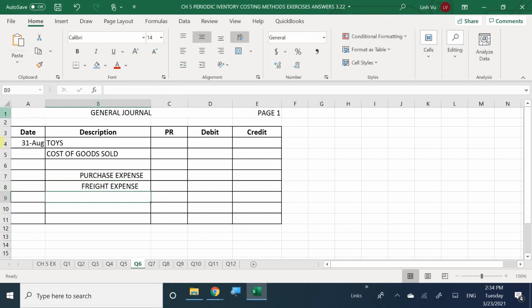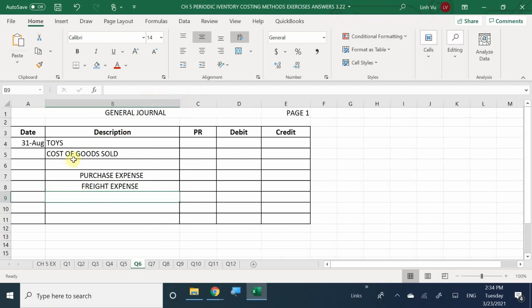Okay, so I skipped a line. What actually belongs there? Do you guys remember what it is? Purchase returns and allowances. Okay, so I'm going to make that reference once again. When we first purchased all of our inventory items, our toys, we placed them in two buckets: purchase expense and freight expense.